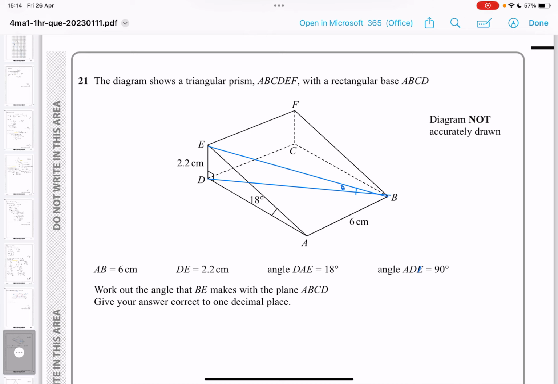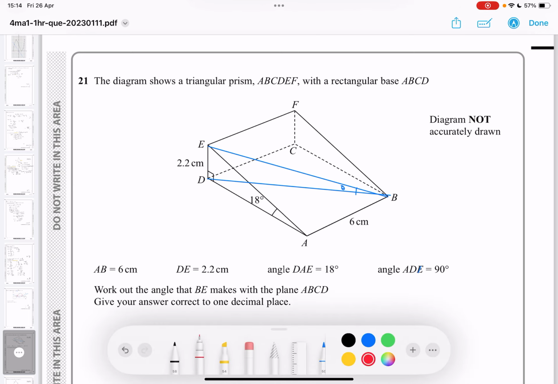So begin by drawing the line BE, and now we need to find the angle that it makes with plane ABCD. You can see that ABCD is this red rectangle that I'm drawing right now. It's not really straight, but that's basically it.